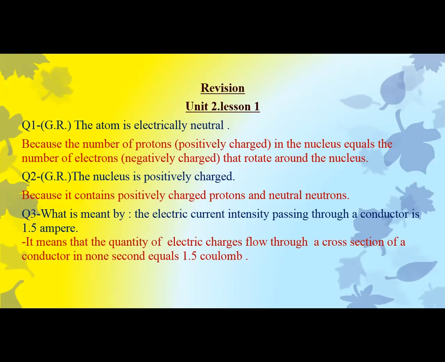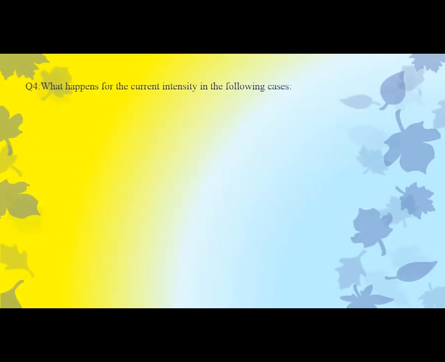It is the quantity of charge flowing through a conductor in 1 second, and this is the electric current intensity. So it means that the quantity of charge flowing through a cross section or any point in the conductor in 1 second is 1.5 coulomb. That is the meaning of current intensity 1.5 ampere.